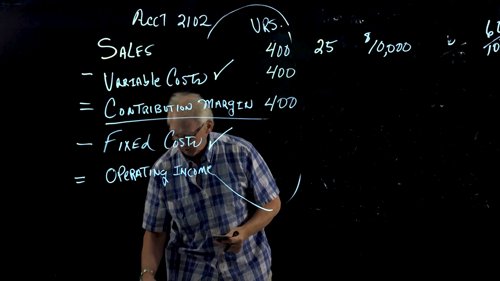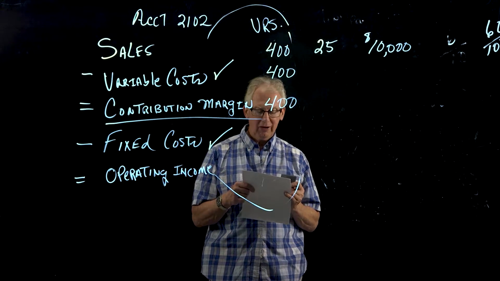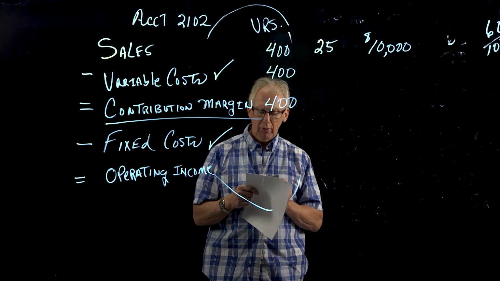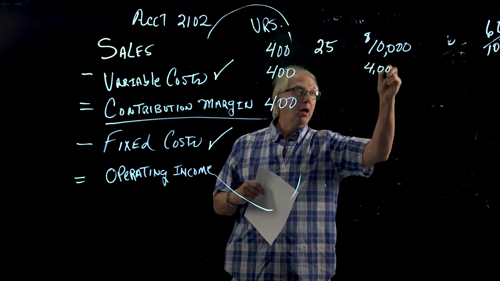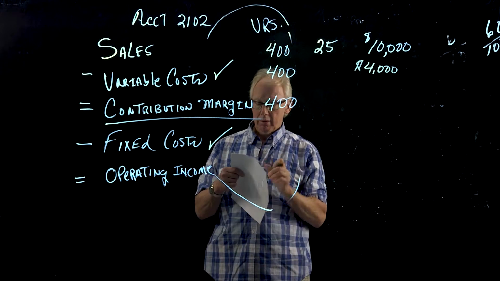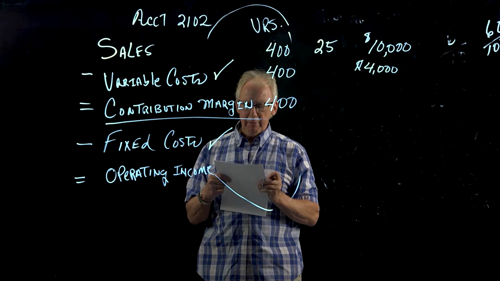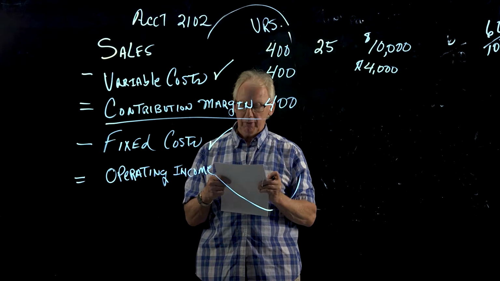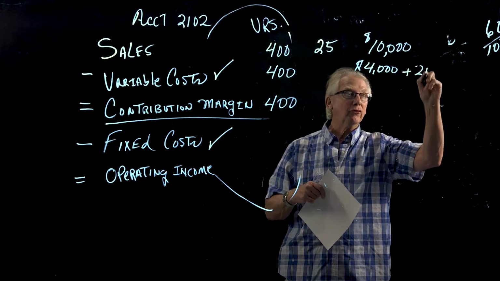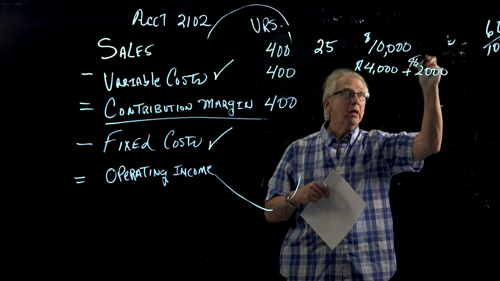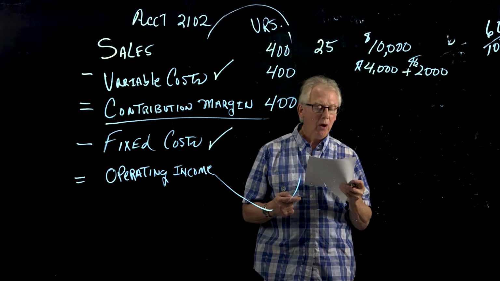Okay, so now let's look and see what the total variable costs are. Variable manufacturing costs are 4,000, and variable selling and administrative cost is 2,000. So that appears to be all the variable costs in the problem.